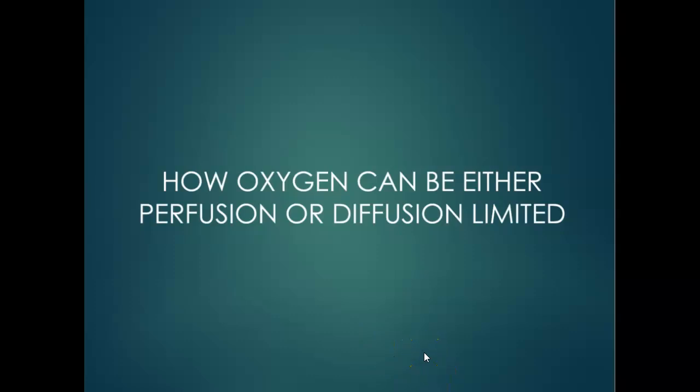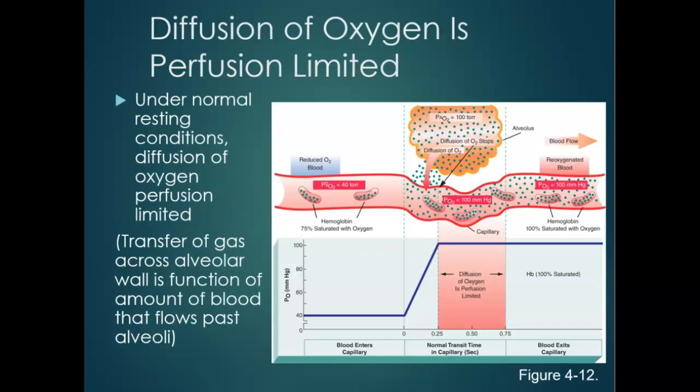All right, so again, how oxygen can be perfusion or diffusion limited. Under normal resting conditions, diffusion of oxygen is going to be perfusion limited. So the transfer of gas across that AC membrane is going to be dependent on the amount of blood flowing past those alveoli. Okay, so typically we're going to be perfusion limited.